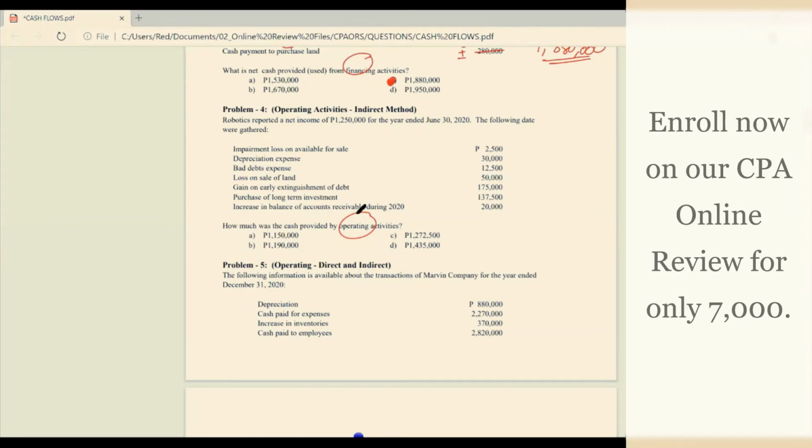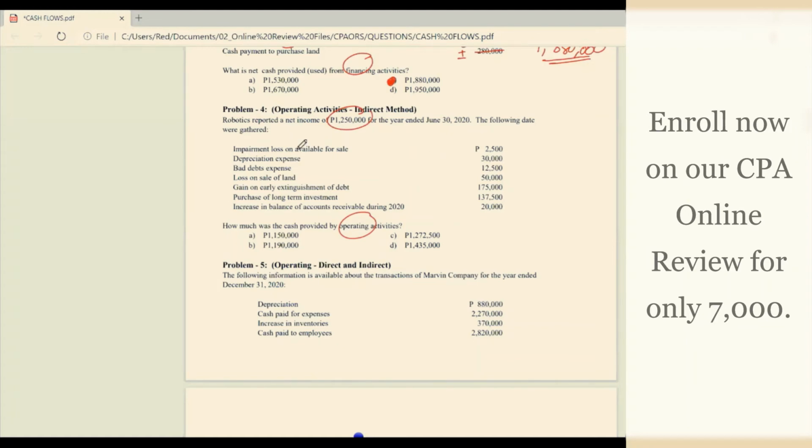So ayan, okay. So dito, di ba ang formula natin kanina, net income. So titingin ka sa net income. Given na, Robotics reported a net income of 1,250,000 for the year ended June 30, 2020.